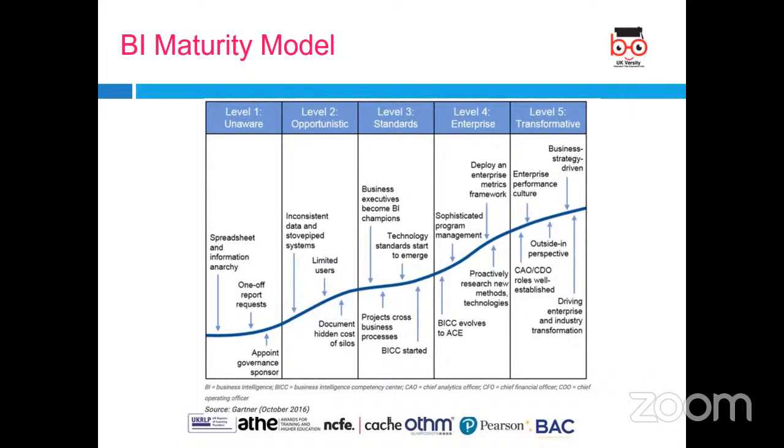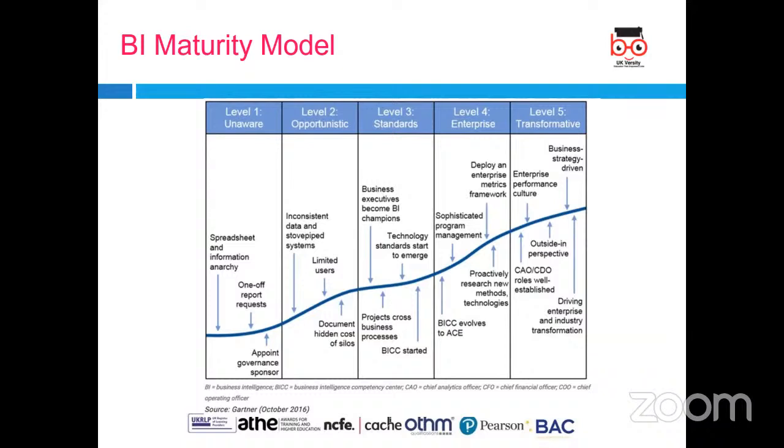Then we have standard, where the business executives become BI champions and our technology standards start to emerge. Then on level 4, we have enterprise, where we can now deploy an enterprise metrics framework. And on the last level, we have the transformative, where enterprise performs a culture that is business strategy driven.